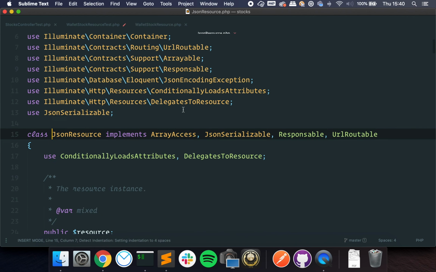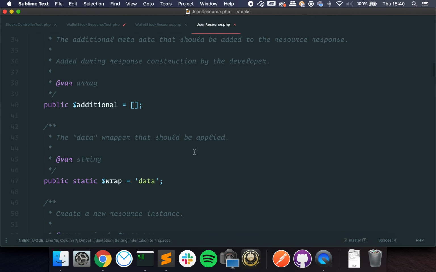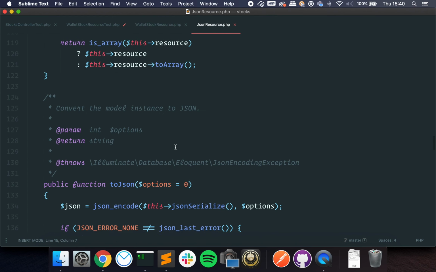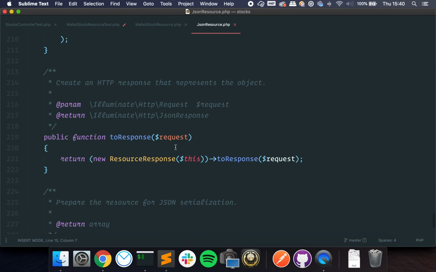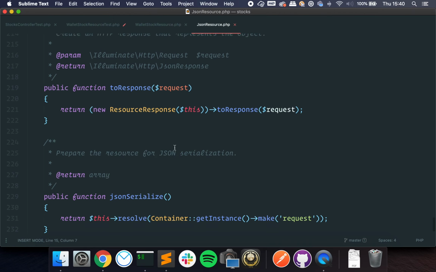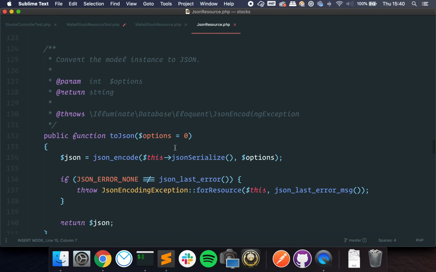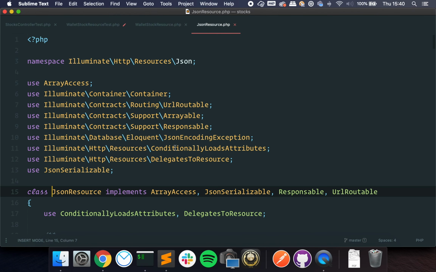If we dive into the JSON resource class, let's just see a little bit of what it has. To be honest, I do not remember this by heart. I usually create a few helpers to use this.